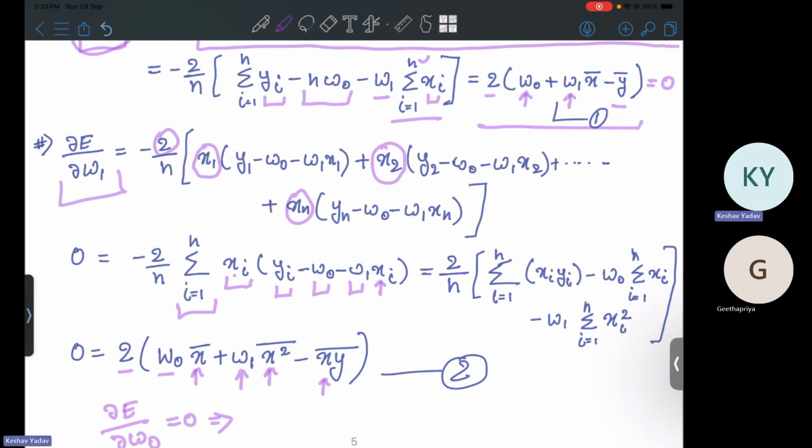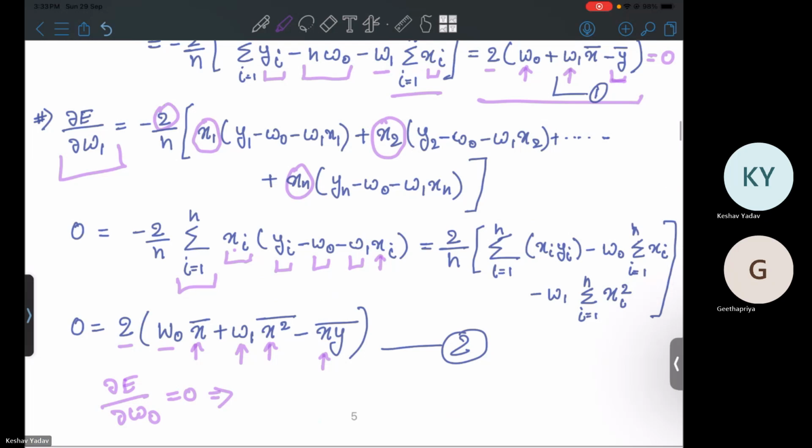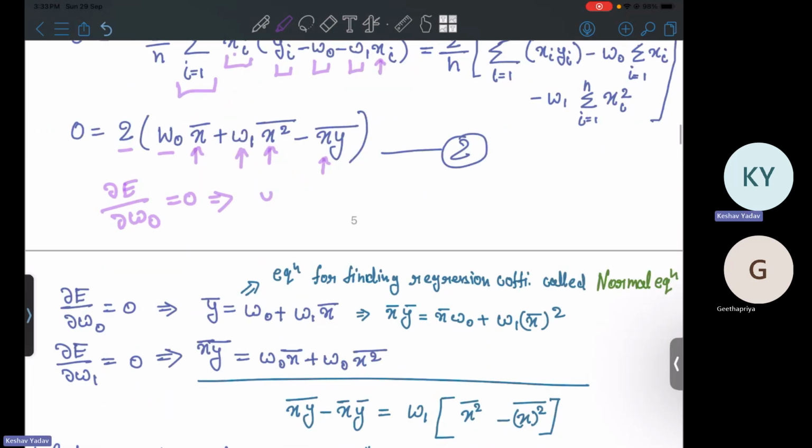From here, if we take this y bar into the RHS, what we'll get? y bar will be equal to w0 plus w1 x bar. Similarly, what we get when we do del E upon del w1 equal to 0?